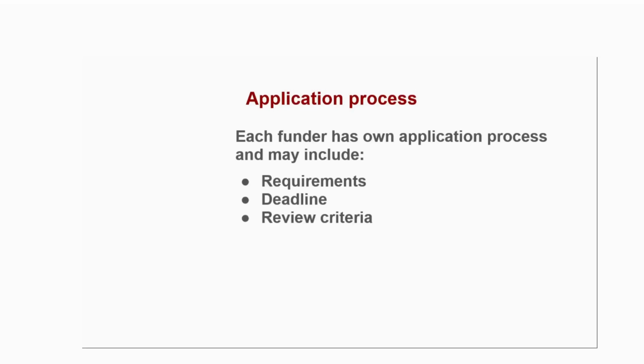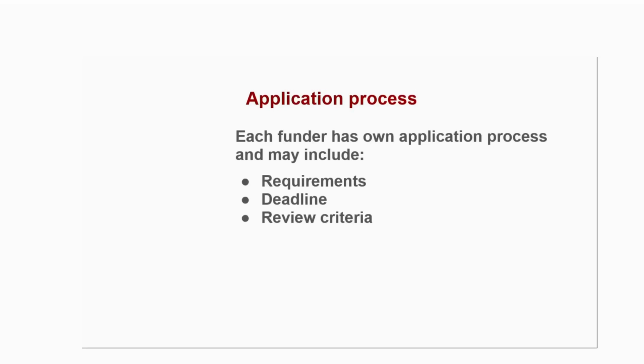So it is important to observe the time so that you ensure that you submit your proposal within the required deadline. The best practice is to submit early enough. Don't wait until the last minute to submit your proposal.